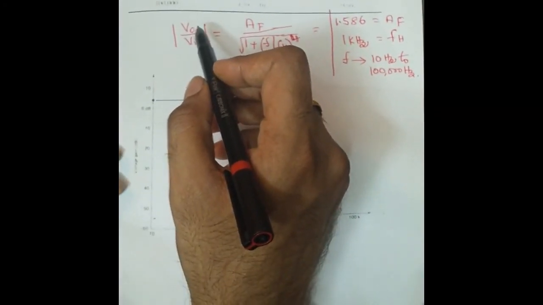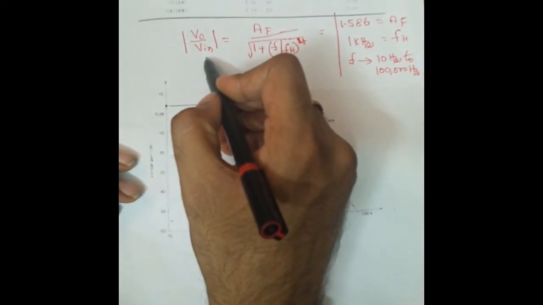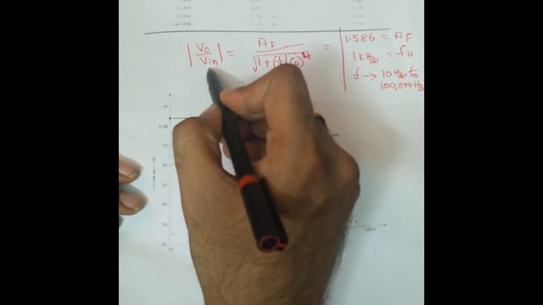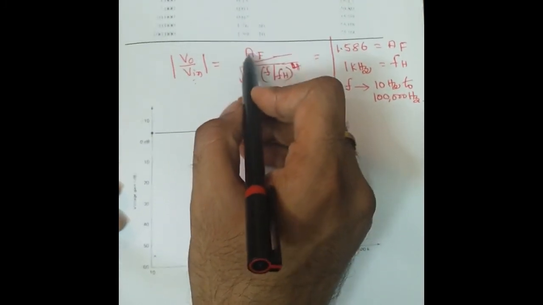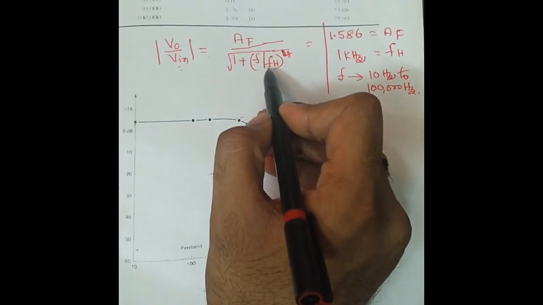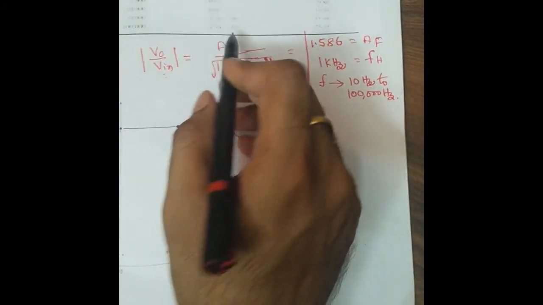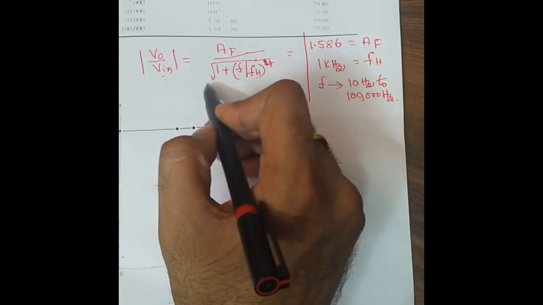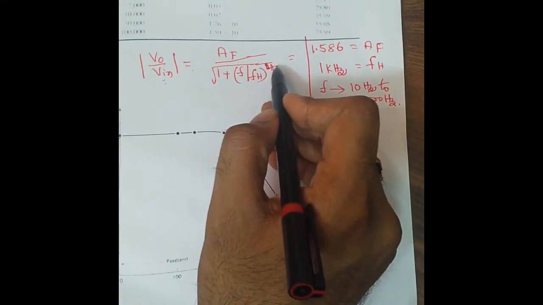The gain magnitude for the second order low pass Butterworth filter can be calculated by using the formula, magnitude of V0 by Vin equal to AF divided by square root of 1 plus F divided by FH whole power 4. That is, passband gain divided by square root of 1 plus F divided by FH whole power 4.